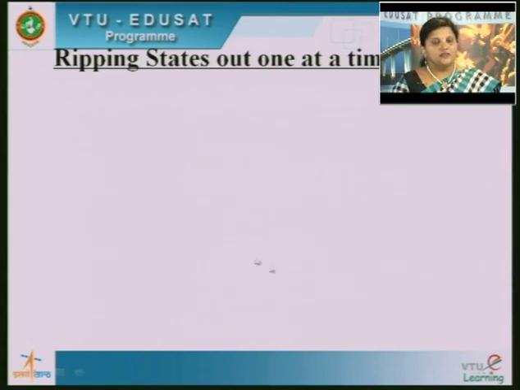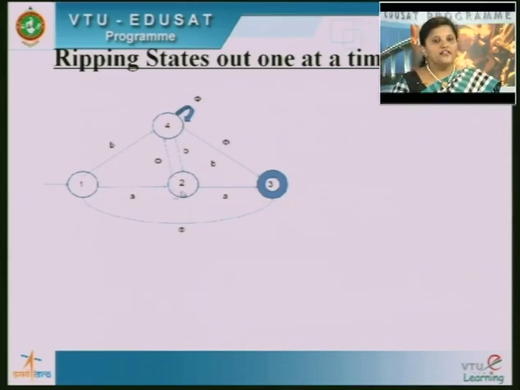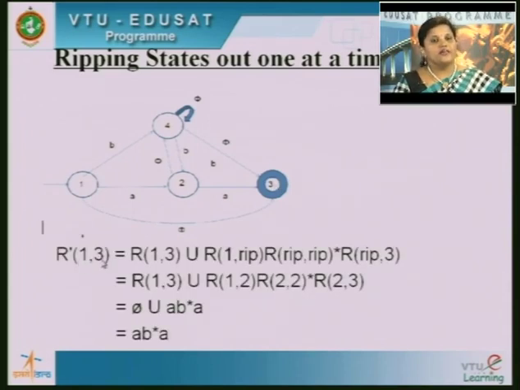So, let us consider an example of how we can write it. For the previous example, let us take the rip state to be state 2. I want to find the transition from 1 to 3, which is given by R dash of 1 comma 3. It is nothing but R of 1 to 3, which is the direct transition.